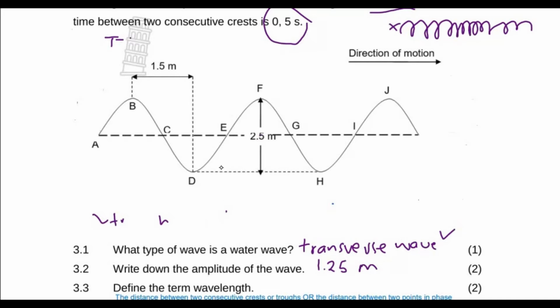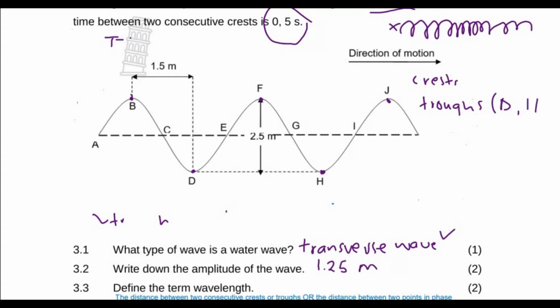Okay, I'm done. So if this is the crest, this is the highest point on this wave B, this is the highest point again F, this is also the highest point J, meaning all of these points are crests. This is the lowest point on this wave D, this is another lowest point on this wave H, so those are troughs.